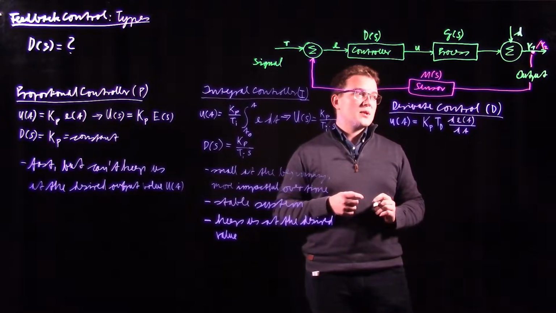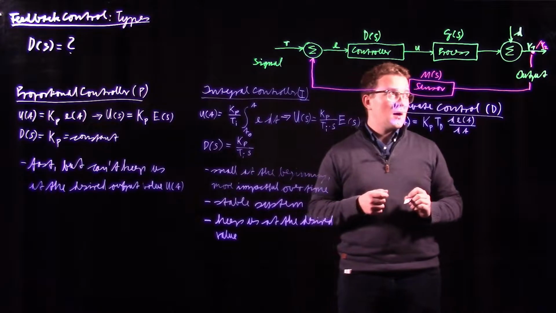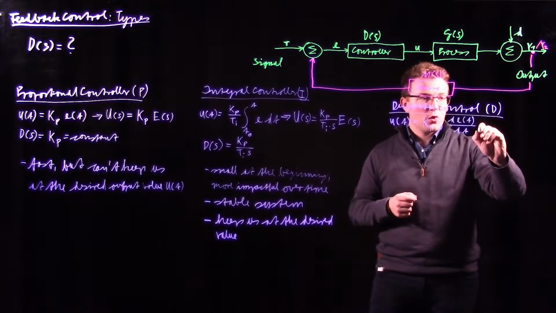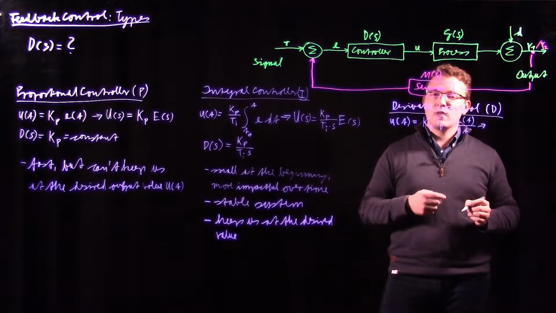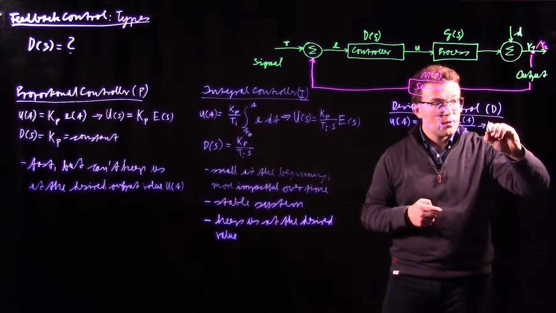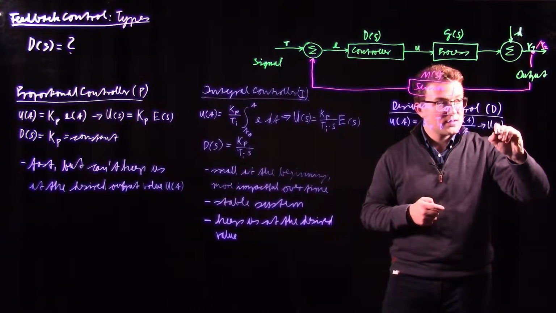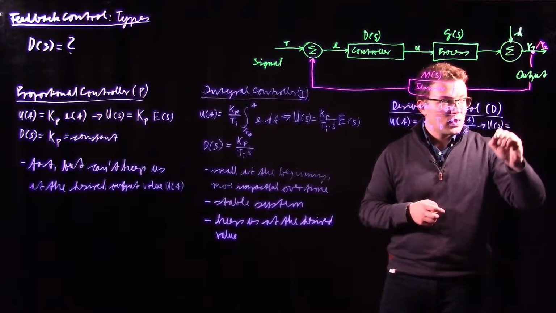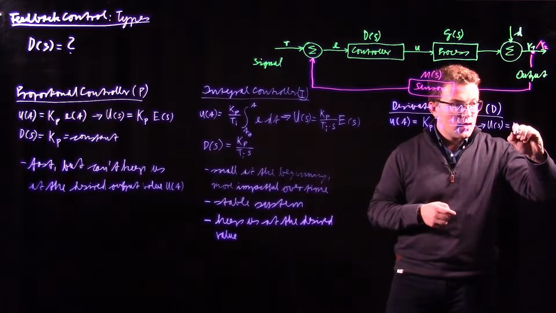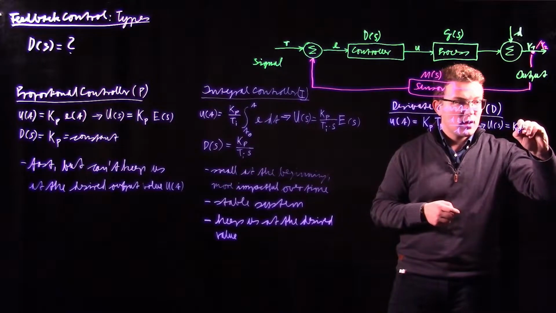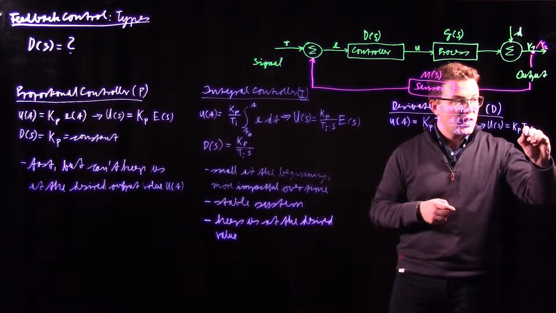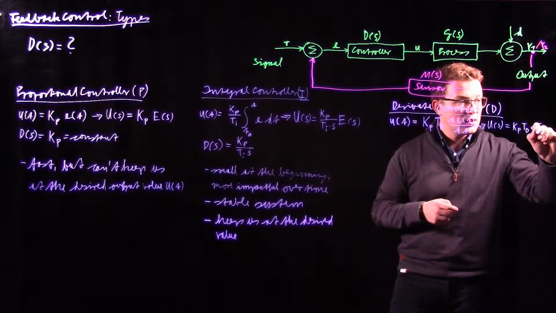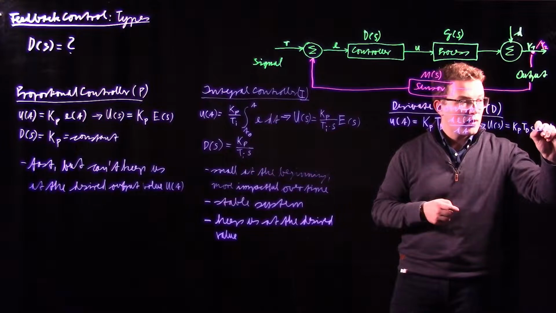When we would like to transform this, we create the following Laplace transformed equation. So we get a big U from S, which equals Kp times Td, and then we have just a simple S times big E from S.